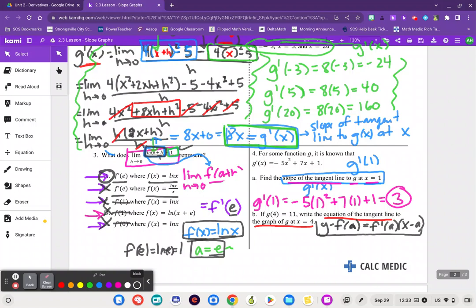This time I have g's instead of a's, but the point is I need to fill out some pieces. Y minus blank equals blank times x minus 4, because that's the specific x value they gave me.